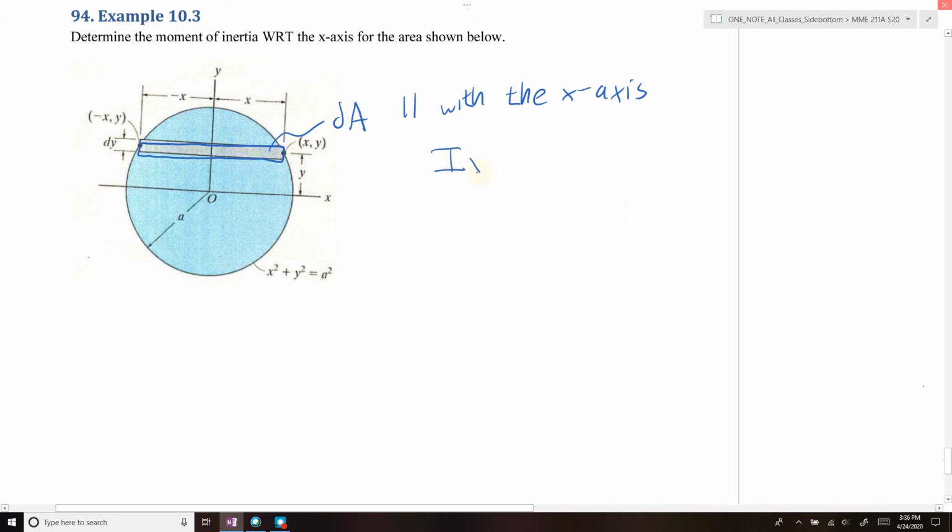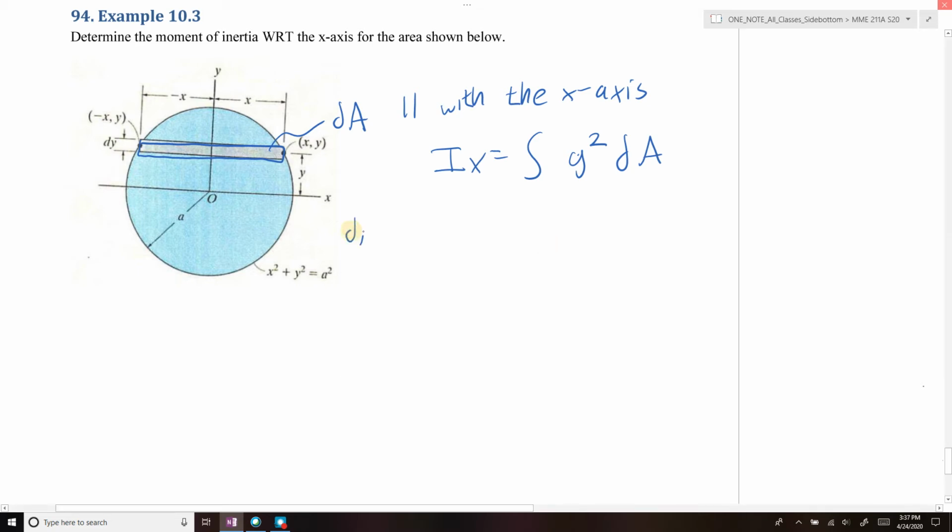Since it's parallel with the x-axis, we can say that I of x will be equal to the integral of y squared dA. The next thing we need to determine is what our differential element dA is equal to.